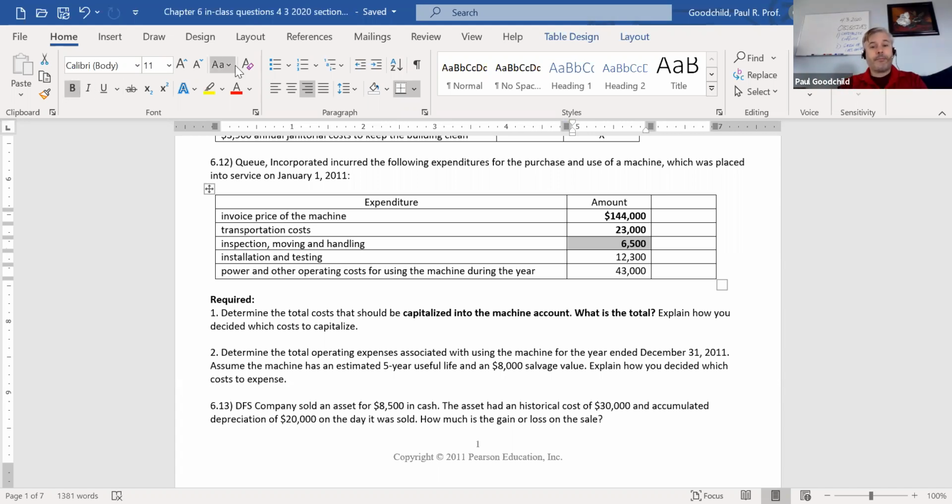But because this has the moving and handling, it's part of getting it into place. And then the 12,300 for finishing the installation and testing it. So I believe the total is 185,800. And then the power and operating costs for using the machine during the year would be expensed.